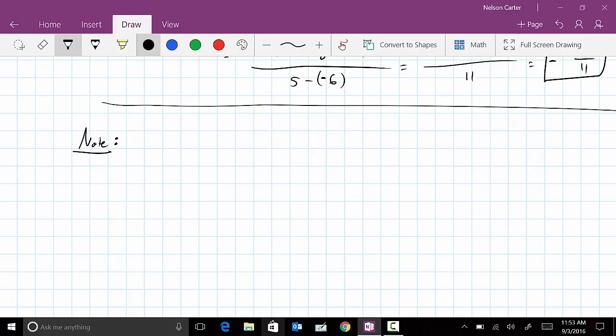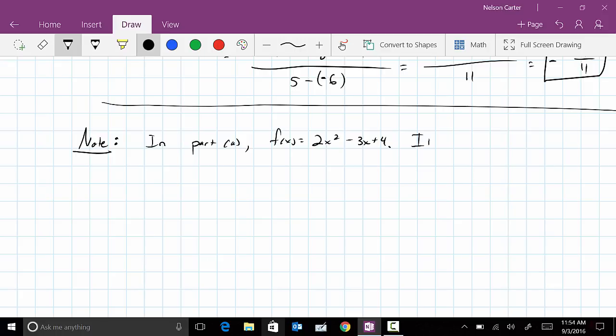So note in part A of the exercise, f of x, the function that we were taking the limit of, was equal to 2x squared minus 3x plus 4.